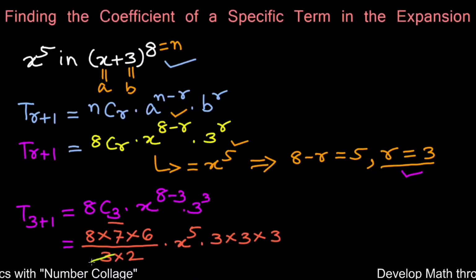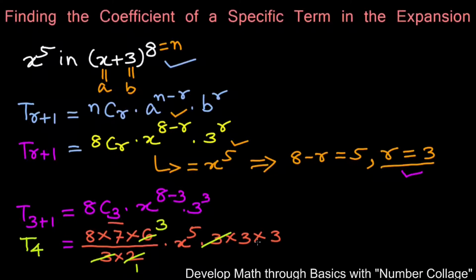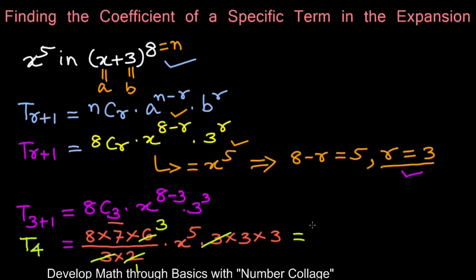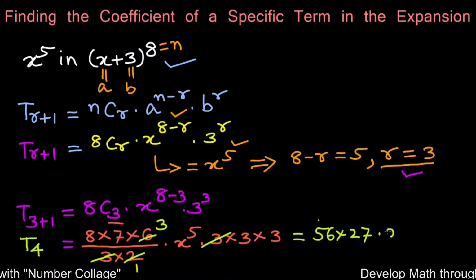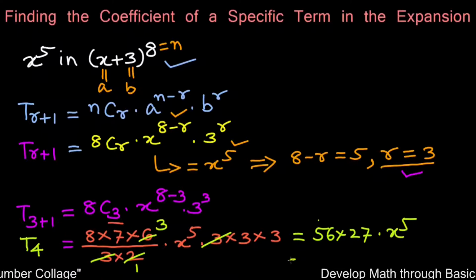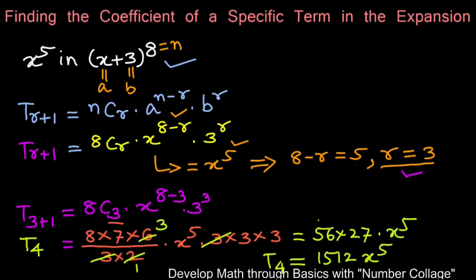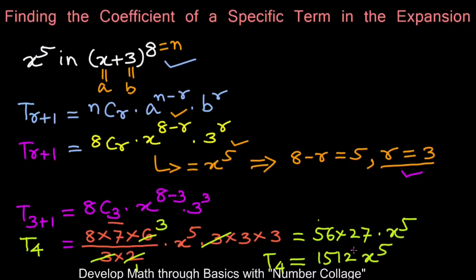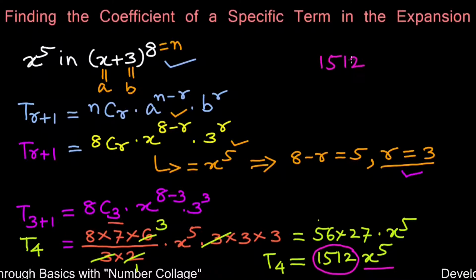Now this 3 cancels with this 3, then 2 ones are 2, 2 threes are 6. So t 4 will be 8 sevens are 56 multiplied by 3 threes are 9, 9 threes are 27 into x raised to 5, which will be 1512 x raised to 5. So therefore the coefficient of x raised to 5 will be 1512.